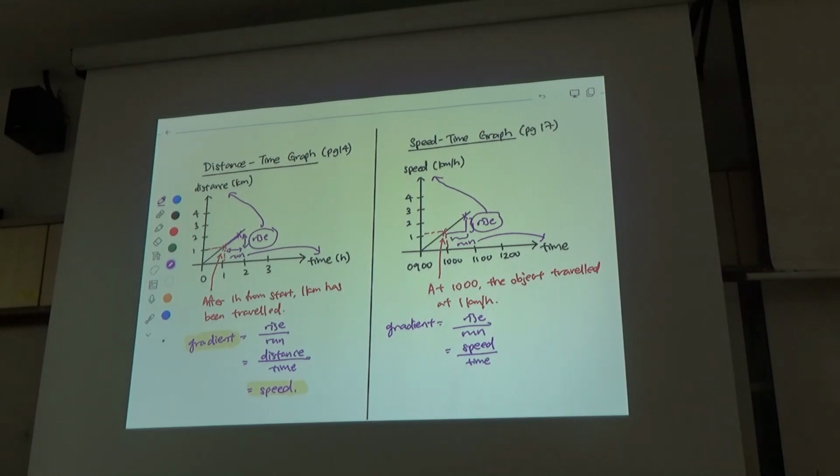Okay, for non-physics students, you may not be familiar with what is speed over time. Okay, but speed over time actually tells us acceleration. Okay, the definition of acceleration is the rate of increase of speed or rate of change of our speed.